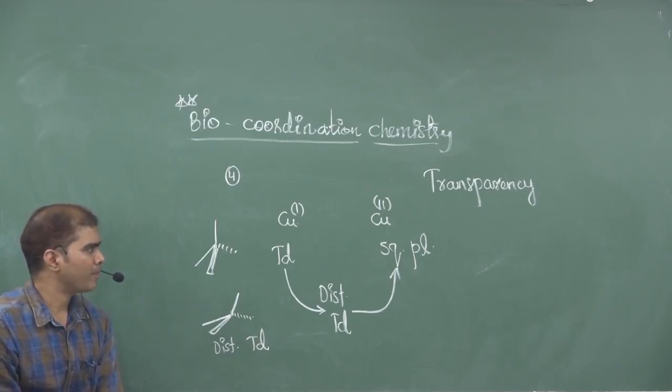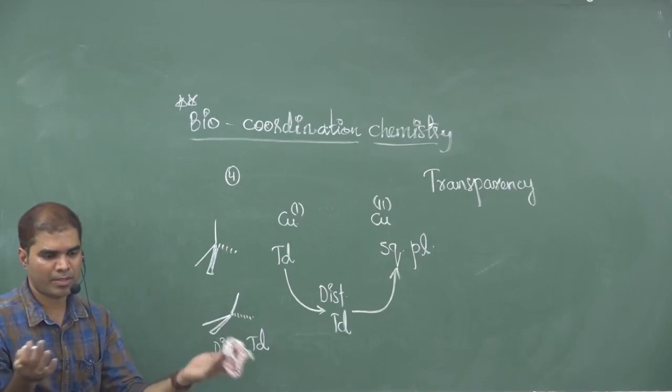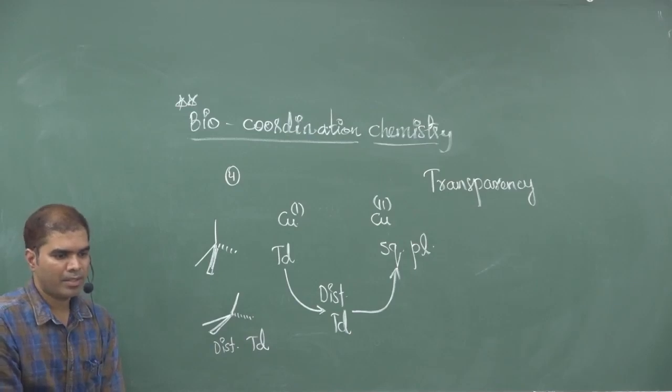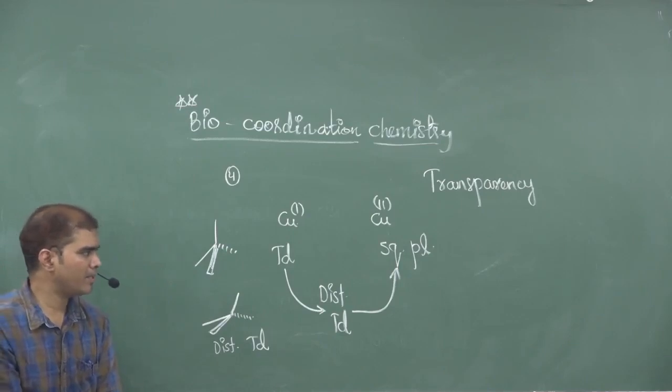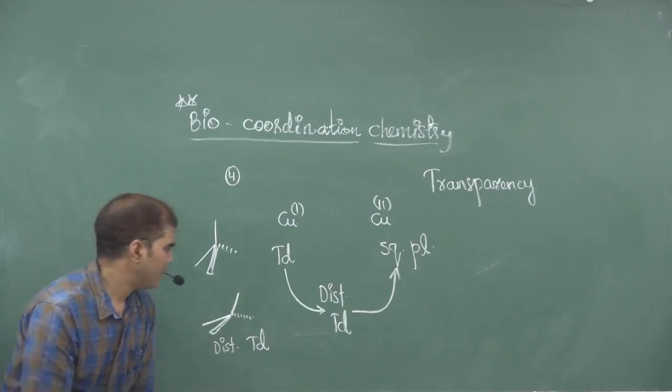Next point. The switching on means moving from one geometry into another geometry. Switching on geometries requires greater energy. Hence it is always seen that the active site contains distorted geometry.